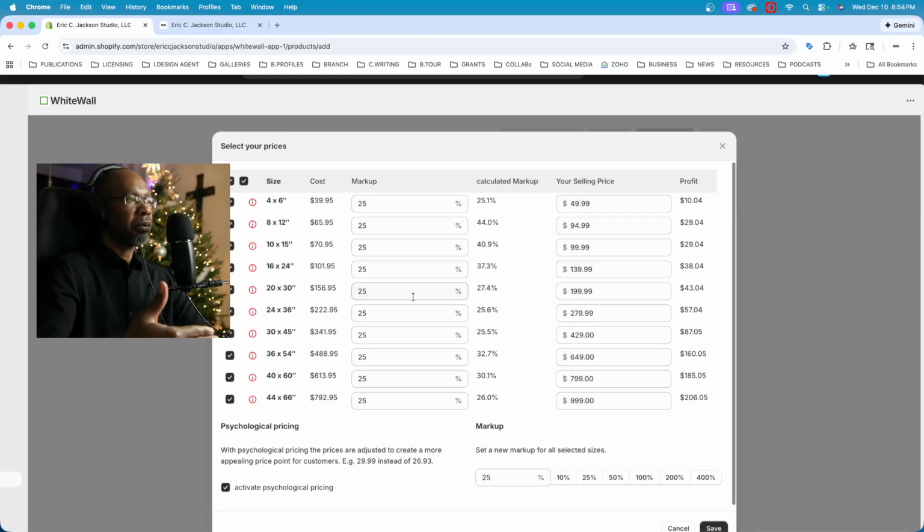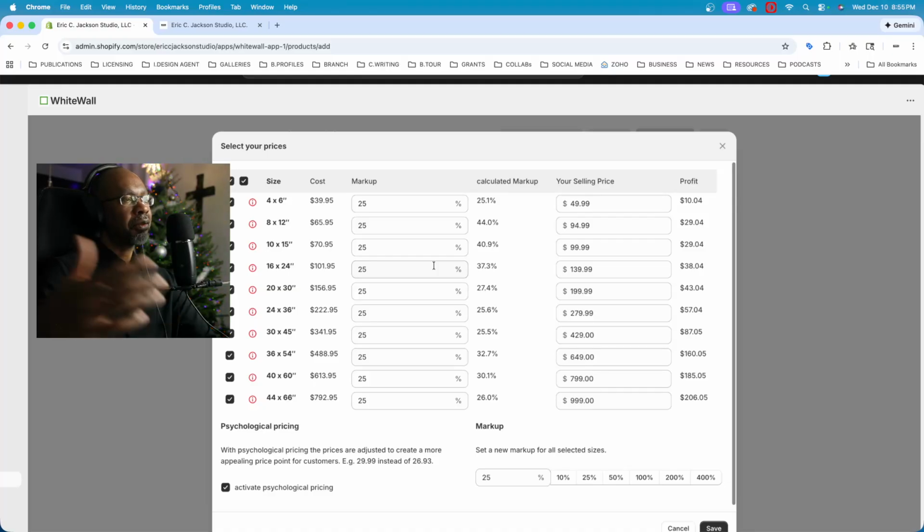What happens when I came, and let's just say I set it at 25%, when I went to edit the pricing, some of them were 25%, some of them were 20%. It's like the numbers were all over the place. And so that was an alarm bell that went off. And so then I thought, I don't remember the percentages being all over the place, right?